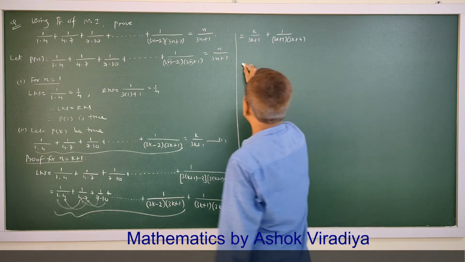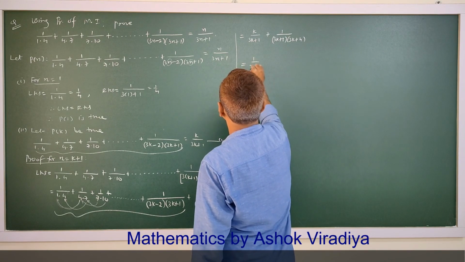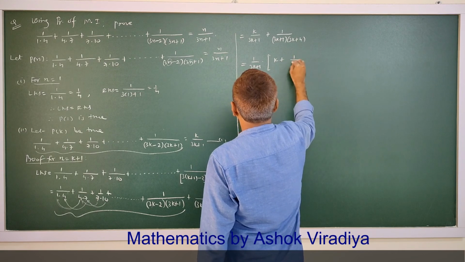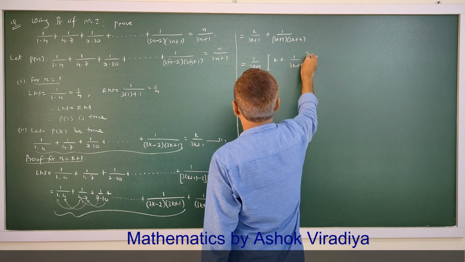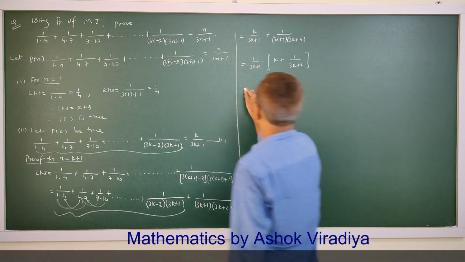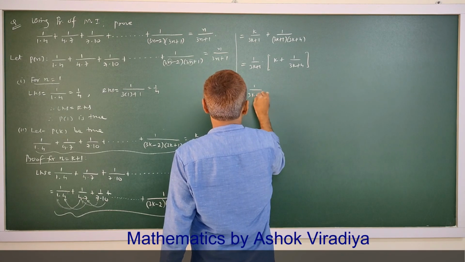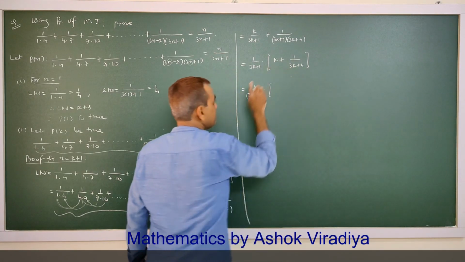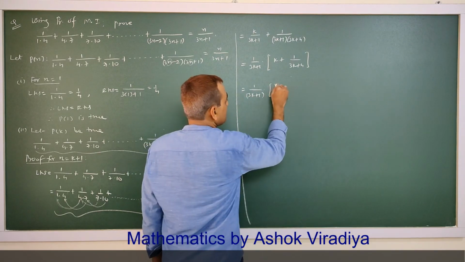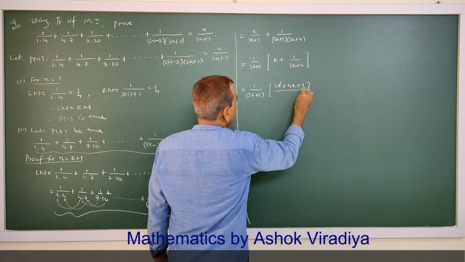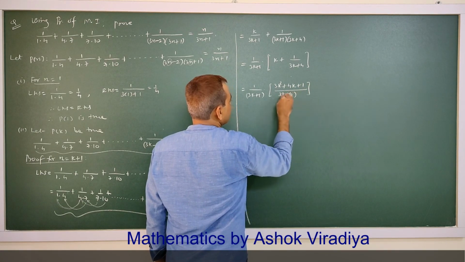Now 1 upon 3k plus 1 common, so into bracket k plus 1 upon 3k plus 4. That is 1 upon 3k plus 1. Here the LCM is 3k plus 4, which will be multiplied with k. So it is 3k square plus 4k plus 1 upon 3k plus 4.